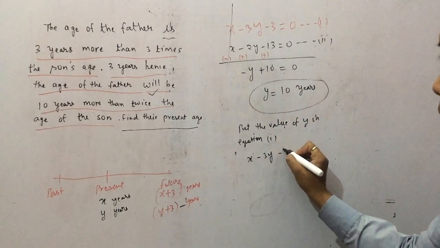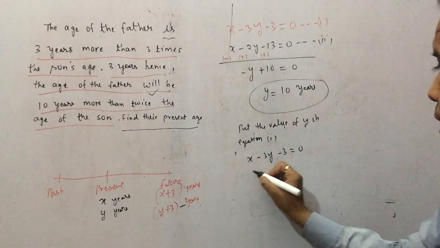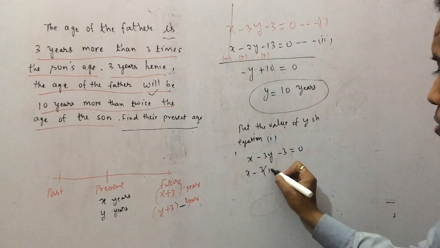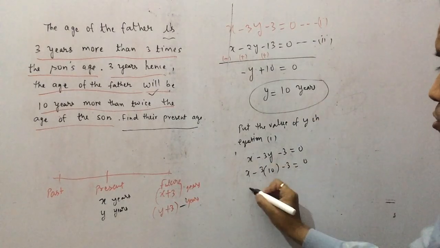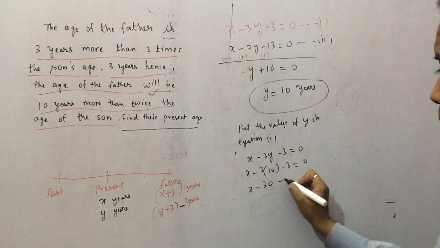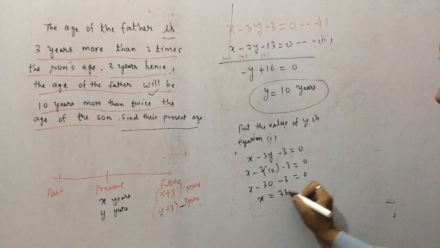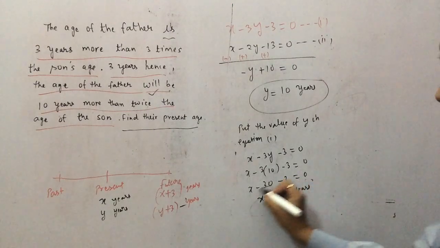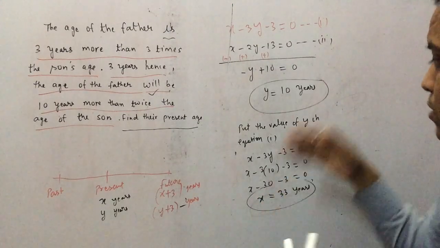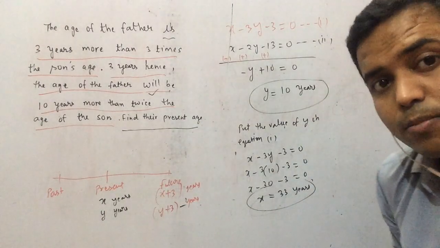So x minus 3y minus 3 equal to 0. Put the value of y, x minus 3 times 10 minus 3 equal to 0, x minus 30 minus 3, and when you solve it, it would be 33. Yes, okay. So this is all about the elimination method.